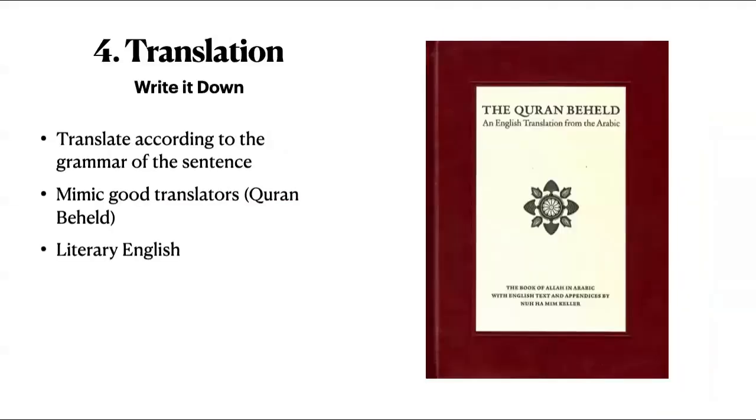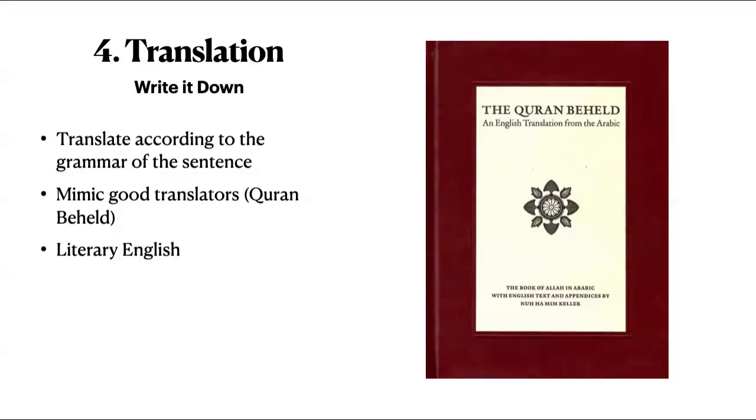Number 4, translation. So writing it down. So when we're translating, we want to translate according to the grammar of the sentence, a grammatical translation. We don't want I get the main idea, right?